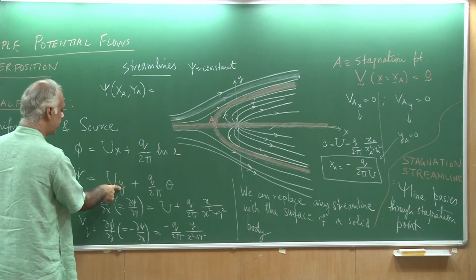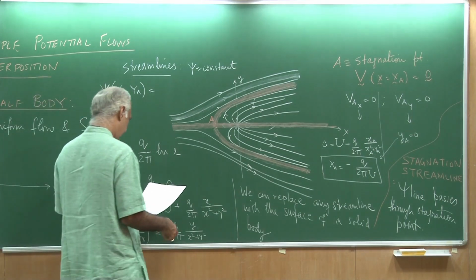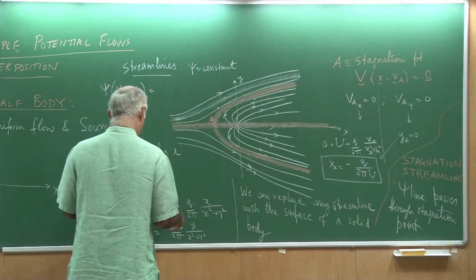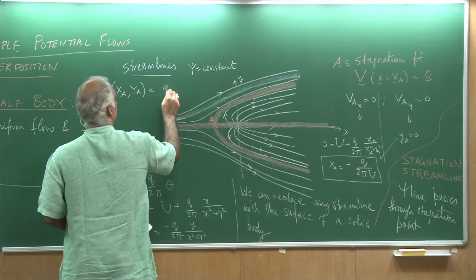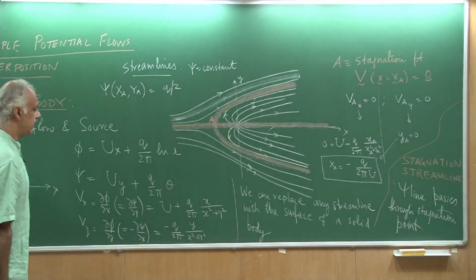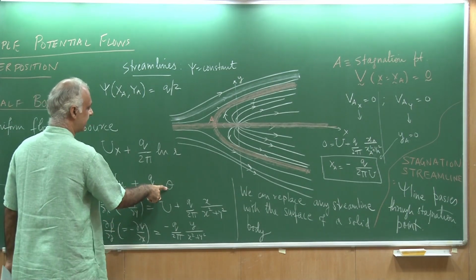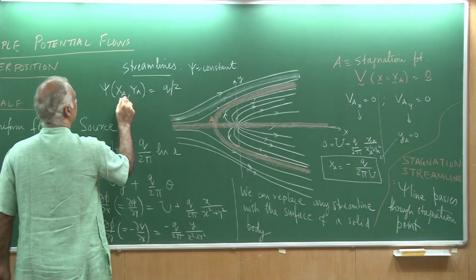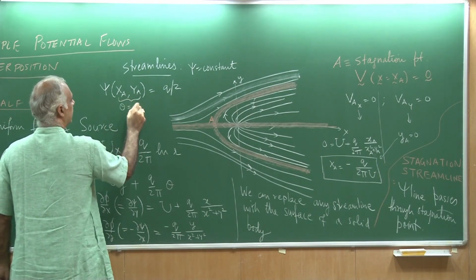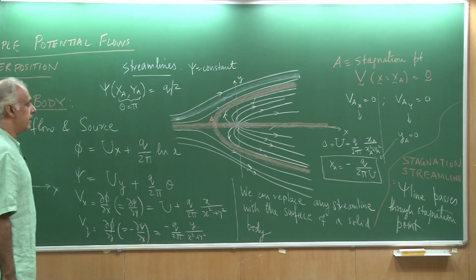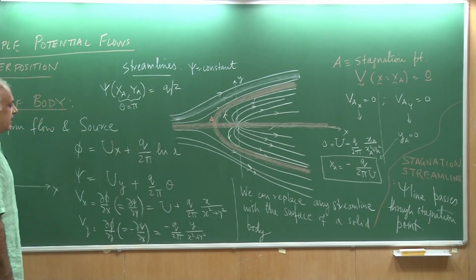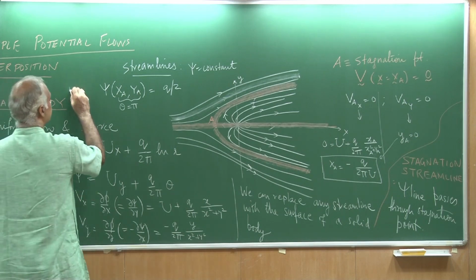At the stagnation point y is 0, and therefore I would get this value to be q by 2, because at the stagnation point my theta is actually pi. So these correspond to theta equal to pi, and if I substitute that, the value of psi is q by 2.